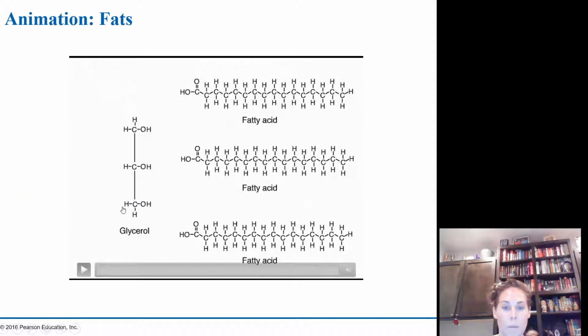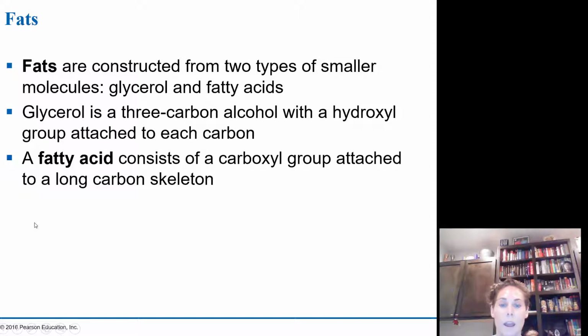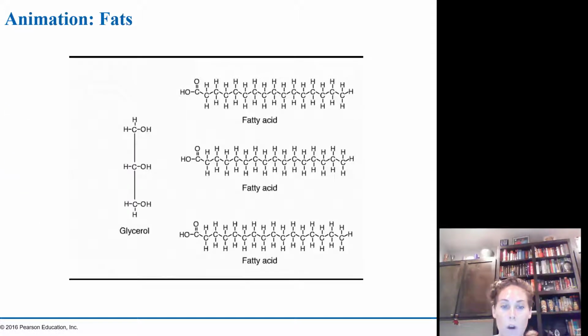So here's our carboxyl groups, the long carbon skeletons in the fatty acids, and then the 3-carbon alcohol with the hydroxyl group on the end.